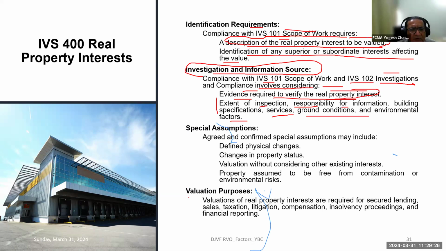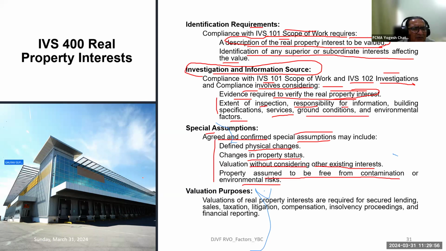We will move forward. Special assumptions: agreed and confirmed special assumptions will include defined physical changes, changes in property status, valuation without considering other existing interests, and property assumed to be free from contamination and environmental risk. These are agreed and confirmed special assumptions. As we all are aware, there are two types of assumption.